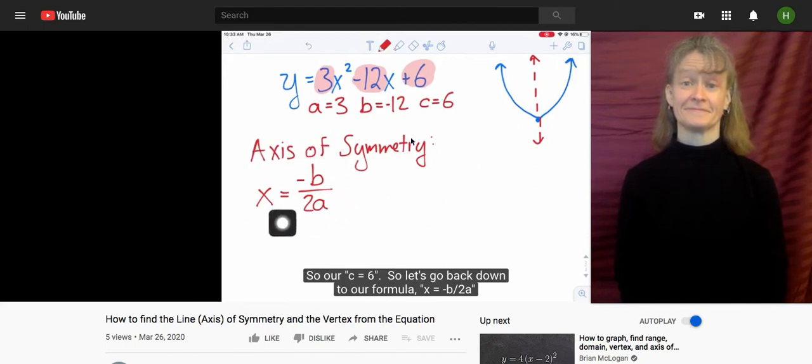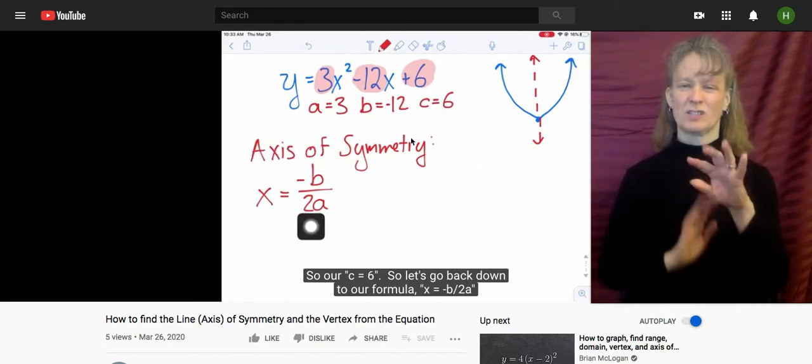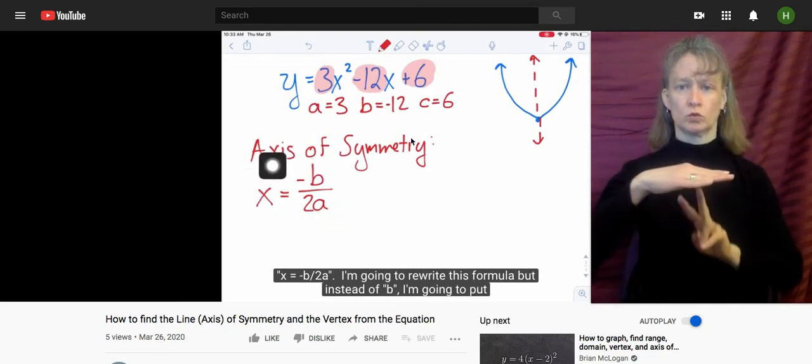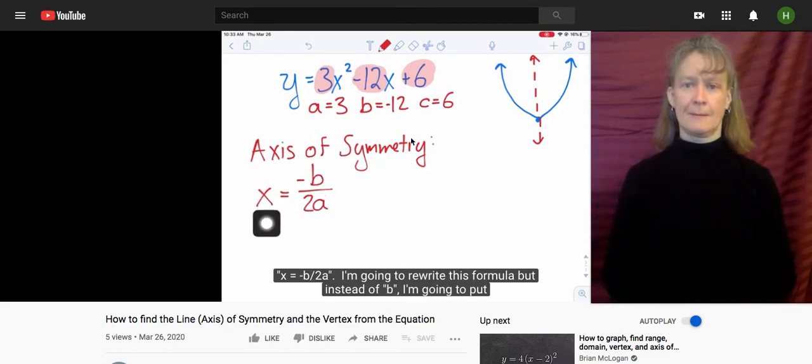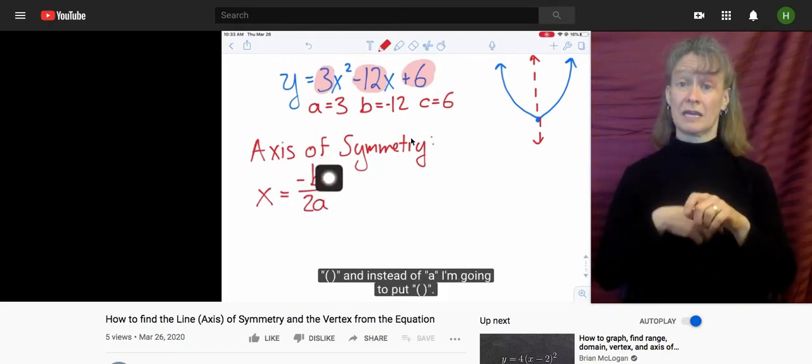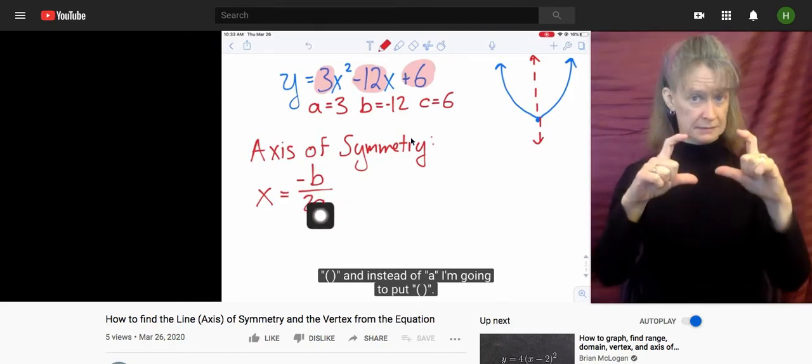So let's go back down to our formula. X equals negative b over 2a. I'm going to rewrite this formula, but instead of b, I'm going to put parentheses, and instead of a, I'm going to put parentheses.